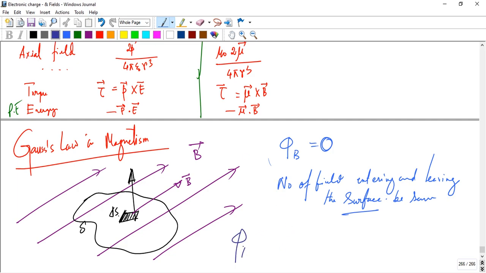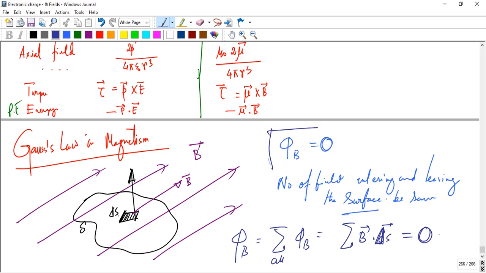So phi B is the summation of all B dot delta S, and that is also 0. That's Gauss's law in magnetism.